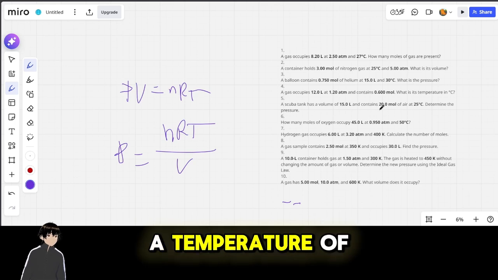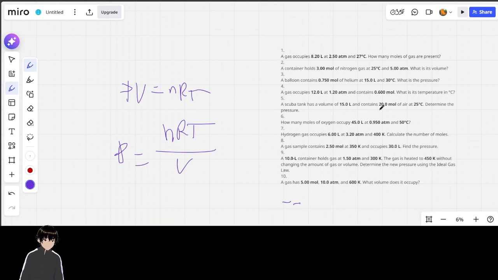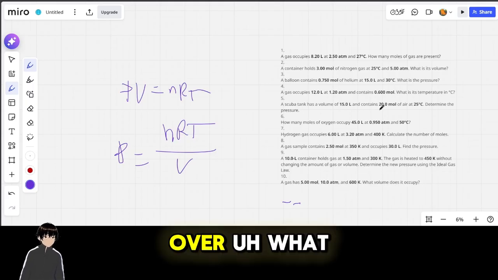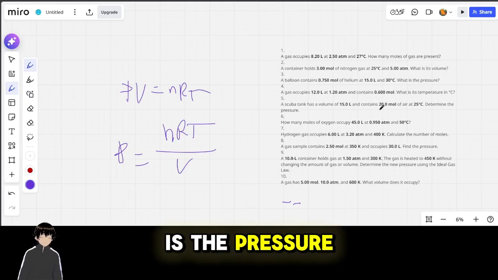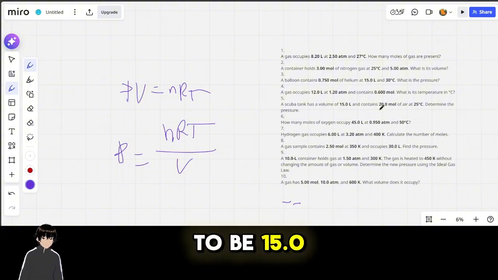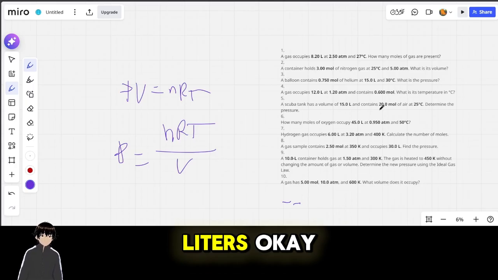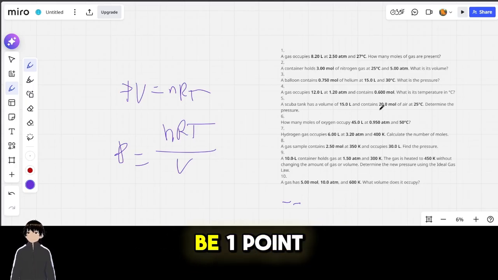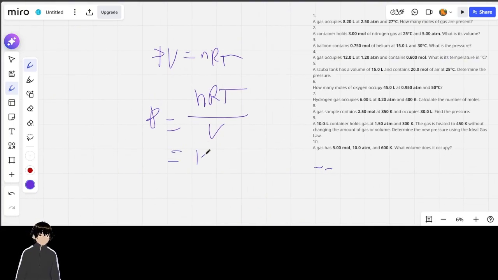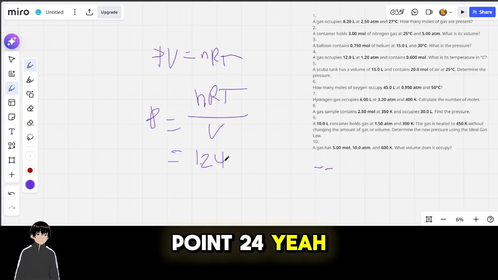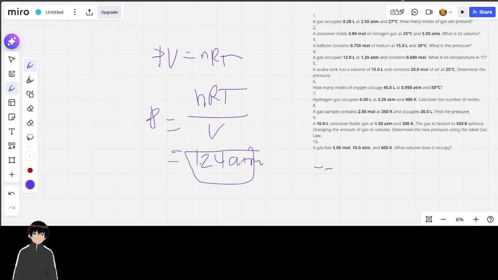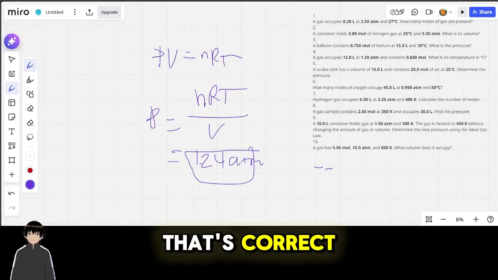So we have a temperature of 30 Celsius plus 273.15 over the volume, which is 15.0 liters. So our pressure is going to be 1.24 atmospheres. That's correct.